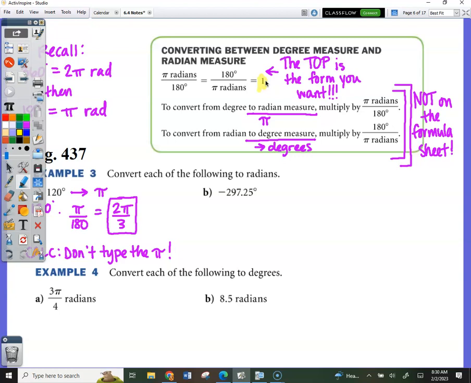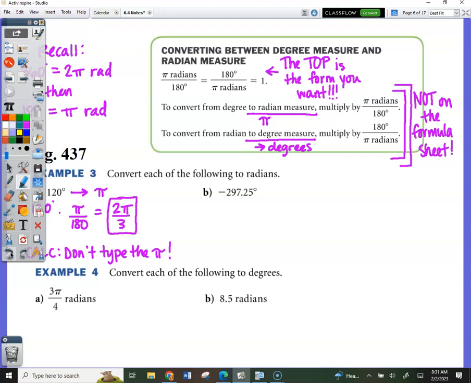How do you know which fraction to multiply by? Whatever form you're trying to get it in needs to be in the top of the fraction. So what I mean by that is if you're going to radian measure, you need to tie the word radian and pi together. If something is in radians, there's a pi. You'll see the pi every time.